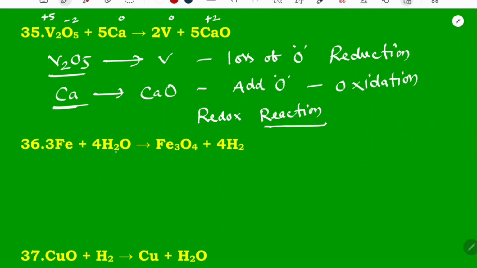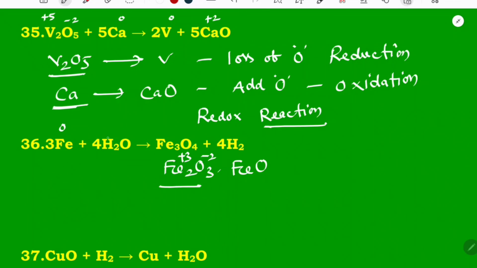Iron is reacting with water to form ferric oxide and hydrogen. Just observe, iron is 0 here. Here ferric oxide Fe2O3 comes, written as Fe2O3 and FeO. -2, plus 3 for ferric oxide. So 0 to +3 means what takes place?